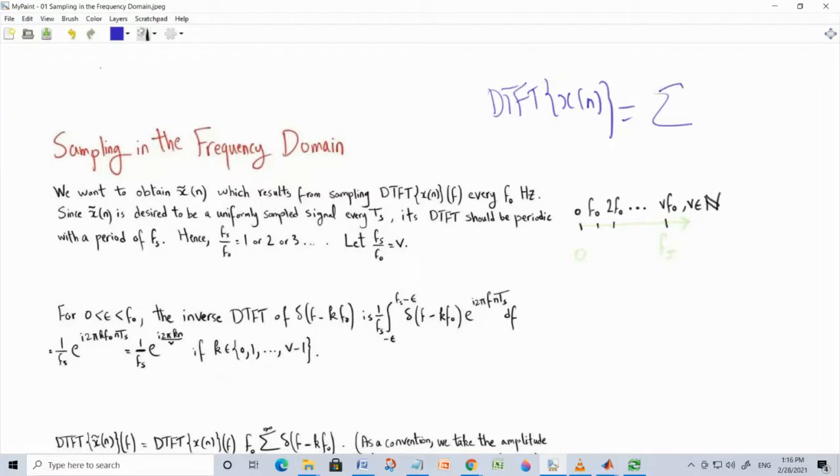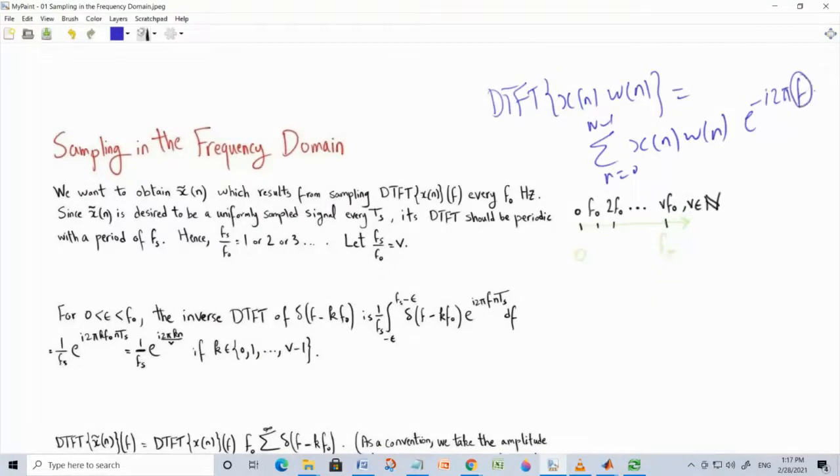Suppose that you multiply by a window that is non-zero only from 0 to N minus 1, but the frequency is a continuous variable. How can you deal with something like this? There is an uncountably infinite number of points in each interval.